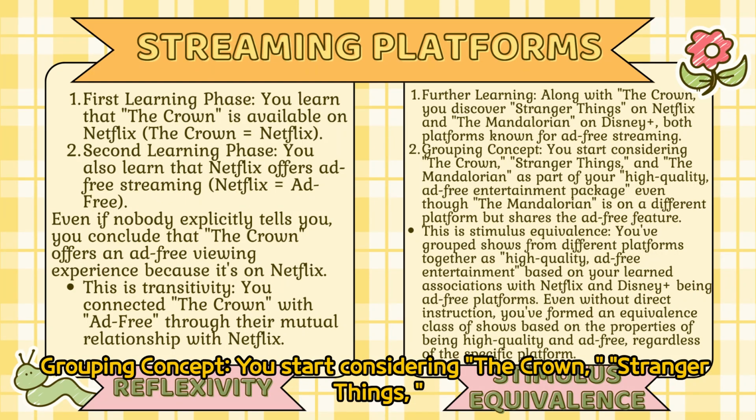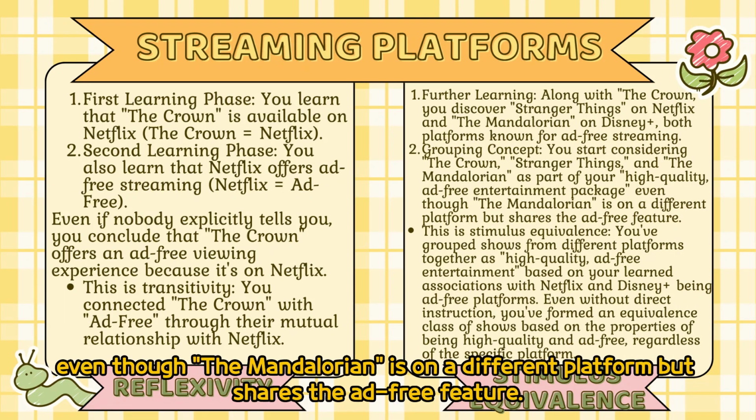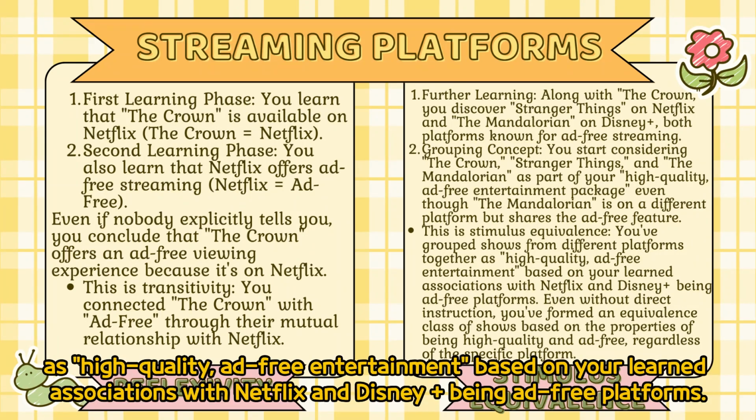Grouping concept: you start considering The Crown, Stranger Things, and The Mandalorian as part of your high-quality, ad-free entertainment package, even though The Mandalorian is on a different platform but shares the ad-free feature. This is stimulus equivalence. You've grouped shows from different platforms together as high-quality, ad-free entertainment, based on your learned associations with Netflix and Disney Plus being ad-free platforms.